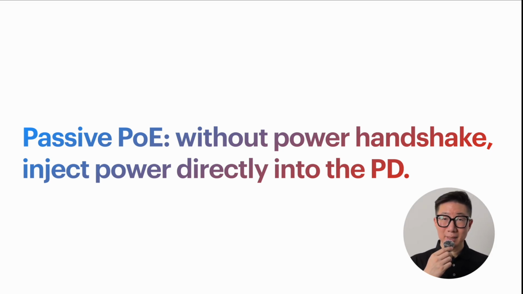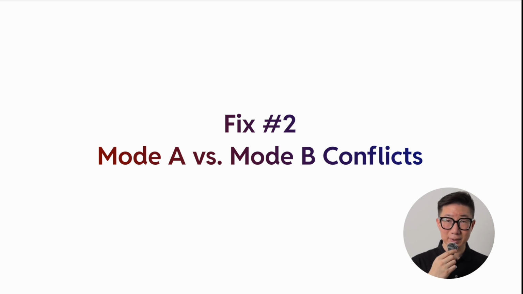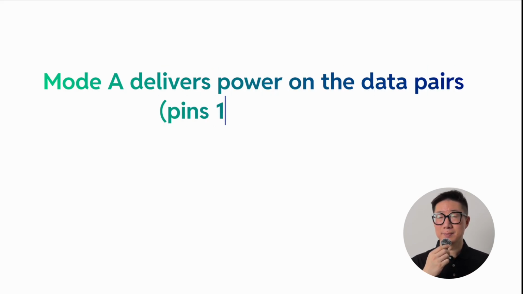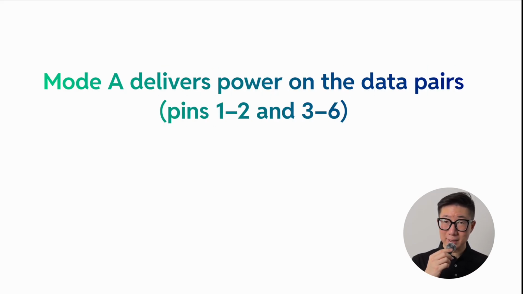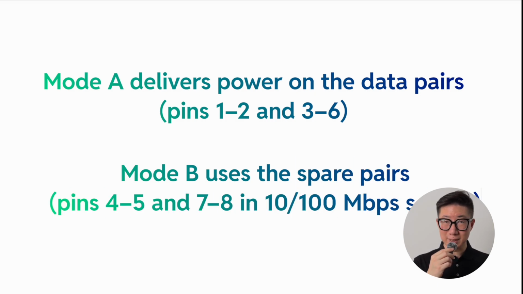And next up, even if you're using standard compliant gear, Mode A versus Mode B mismatches can still trip you up, especially with cheap or early generation devices. PoE sends power over Ethernet using 2 main methods. Mode A delivers power on the data pairs, pins 1, 2 and 3, 6.